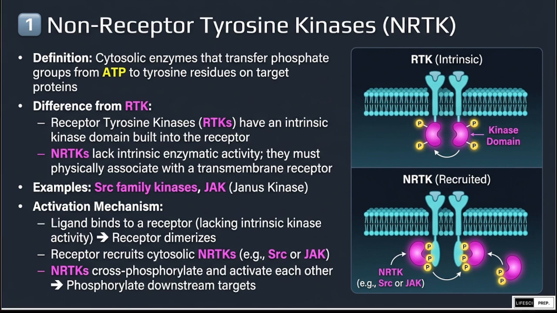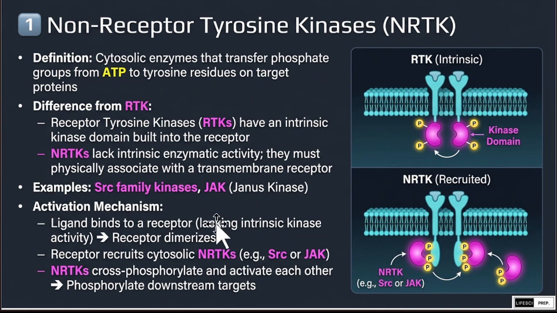But in NRTK, the receptor does not have any intrinsic enzymatic activities; the enzyme non-covalently associates to the receptor cytoplasmic domain. For example, SRC family kinase, JAK, that is Janus kinase, STAT, etc.